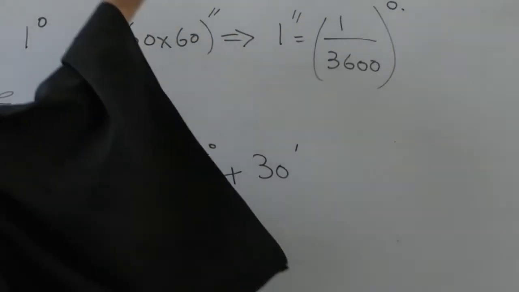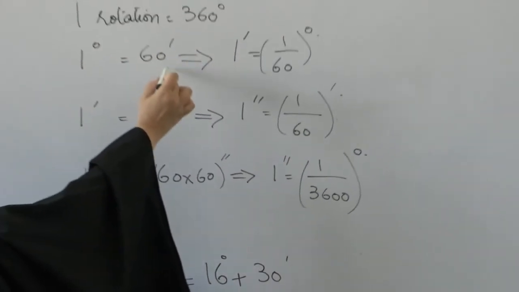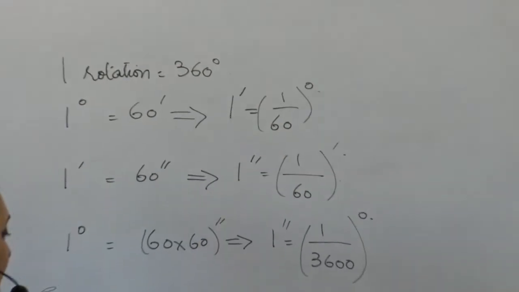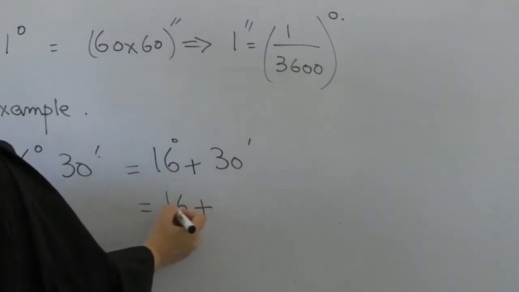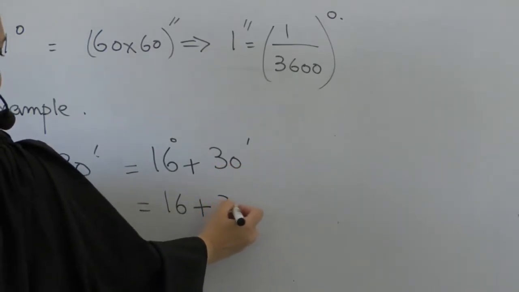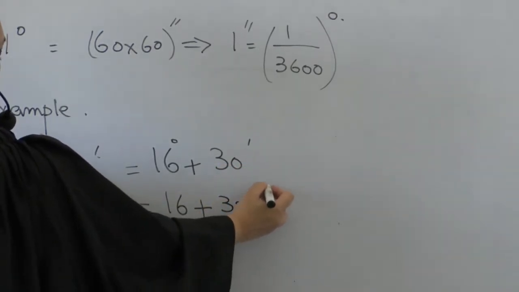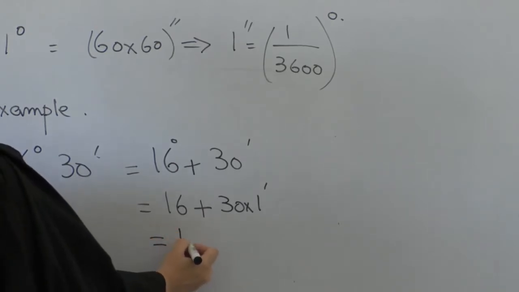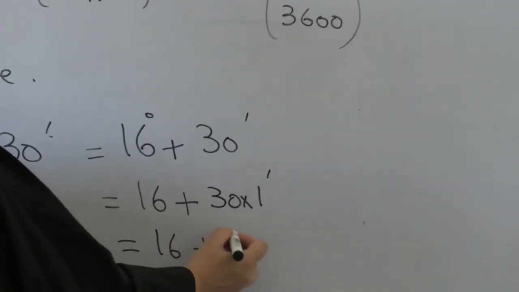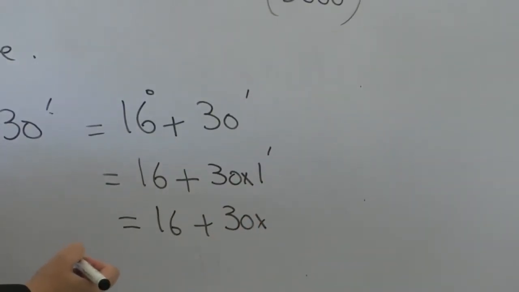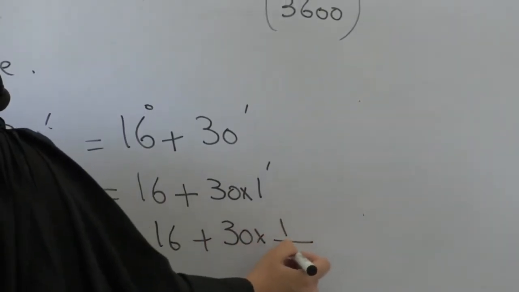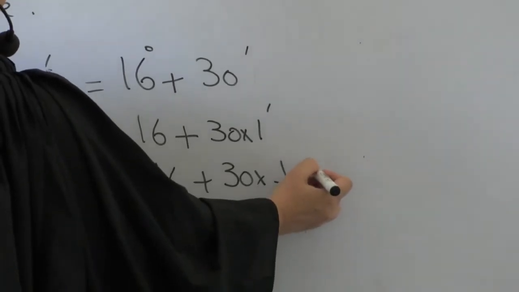So in order to convert it into decimal, we need to convert these minutes into degrees. Look at this, as 1 degree is equal to 60 minutes and 1 minute is equal to 1 by 60. So 16 remains as it is, and this 30 becomes 30 into 1 minute, 16 degree plus, instead of minute, we will use its value, which is 1 over 60 degree.